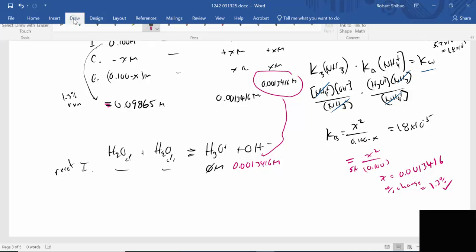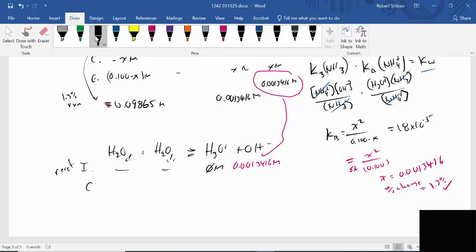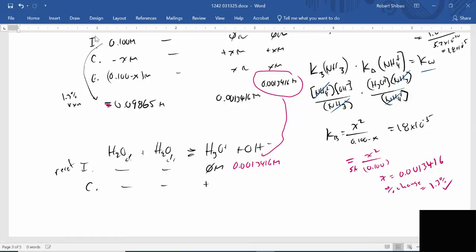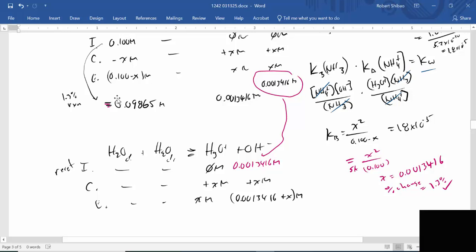And then the change is, we're going to let the water hydrolyze. When the water hydrolyzes, I'm going to produce some hydronium and hydroxide in equal amounts. And then at equilibrium, I'm going to get X molar hydronium and 0.0013416 plus X molar hydroxide. So I'm going to add X additional hydroxide to step 1.